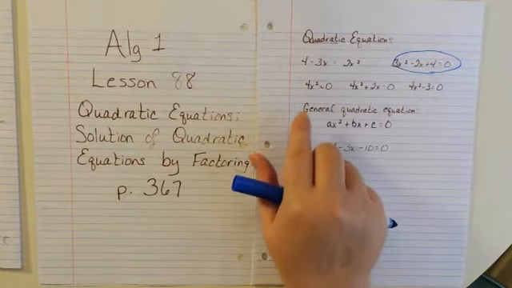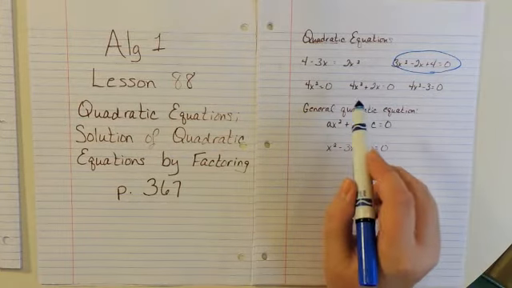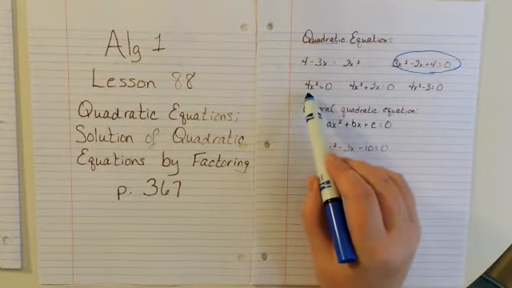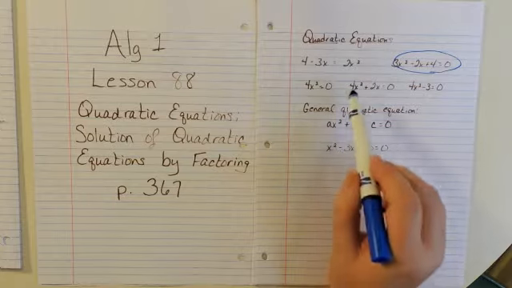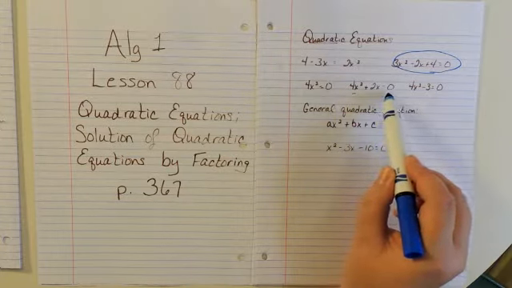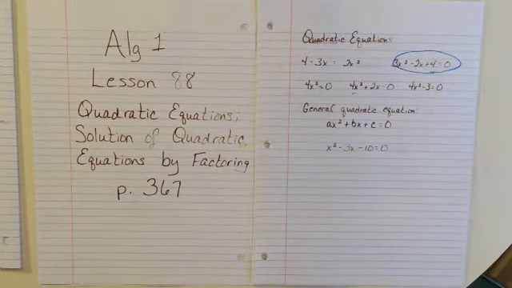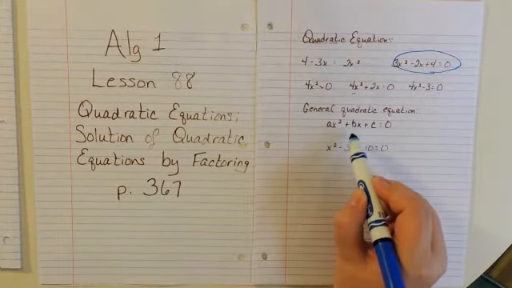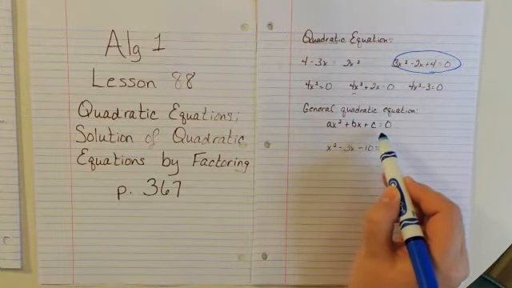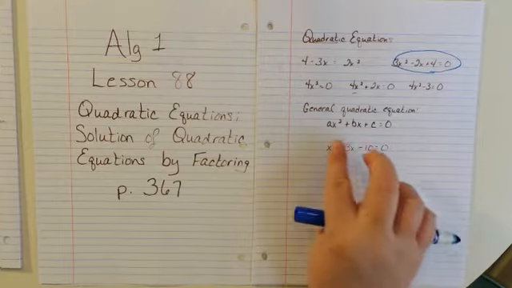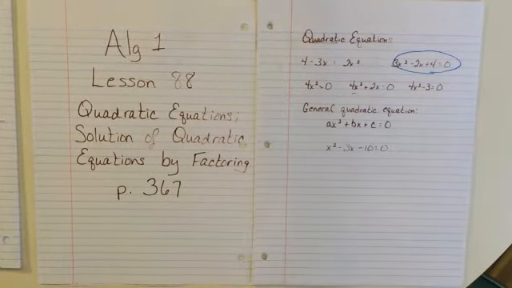Okay, so these are also in standard form: 4x squared equals 0, 4x squared plus 2x equals 0, or 4x squared minus 3 equals 0. Those would all be considered in standard form. The general quadratic equation is ax squared plus bx plus c equals 0, where a, b, and c are any real number.